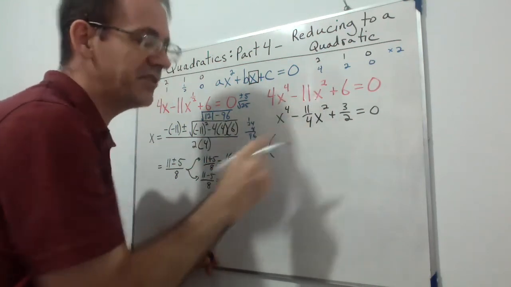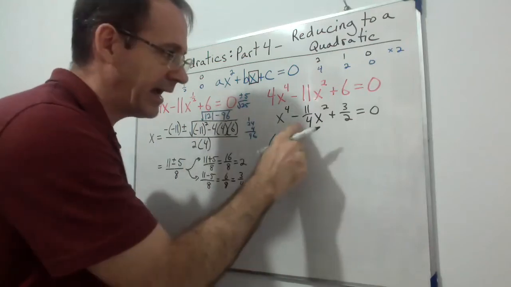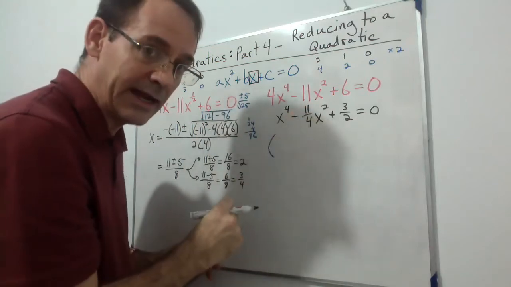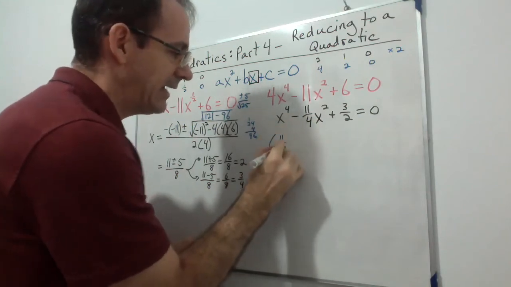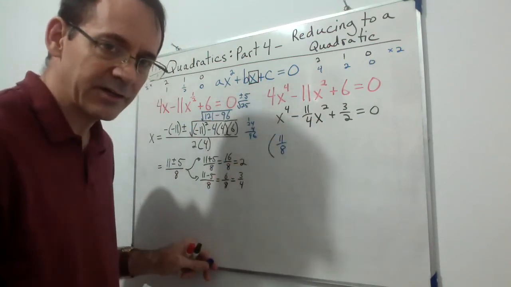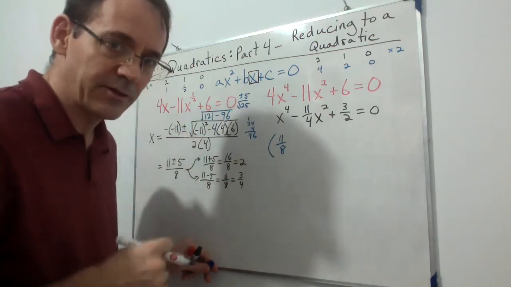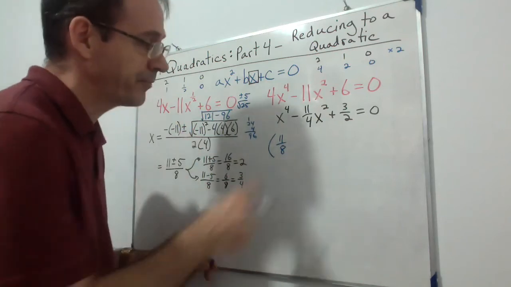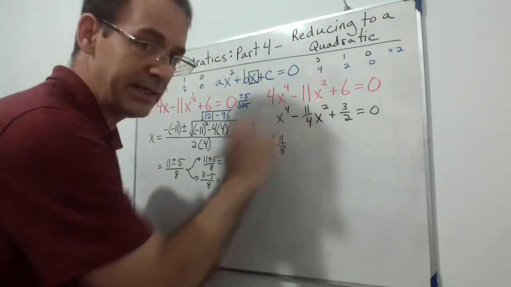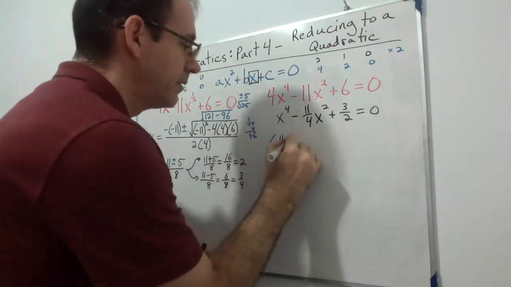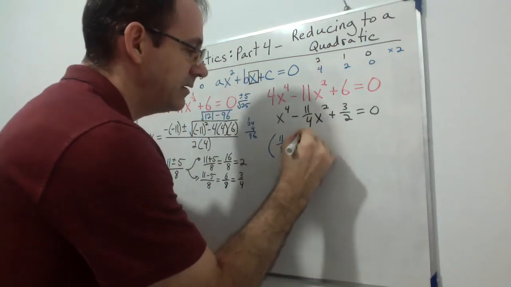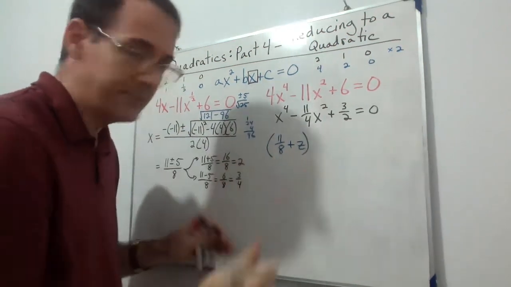So if we're dividing this by 2, it's the same thing as multiplying by 1/2, where the 2 times the 4. So this is 11/8. You can do it on your calculator if you want to, if you're a little nervous about fractions.